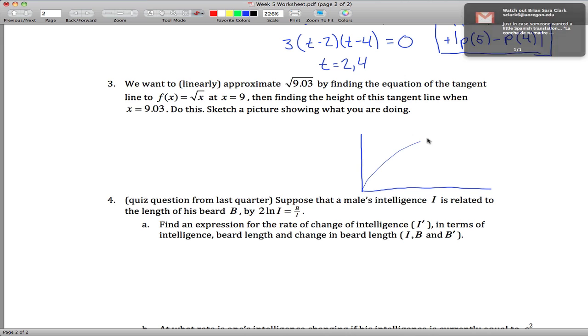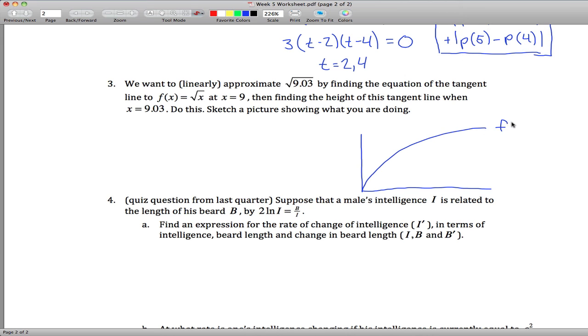Here's a graph of f of x equals the square root of x, and maybe here's 9 right here, and just slightly to the right of it is 9.03.